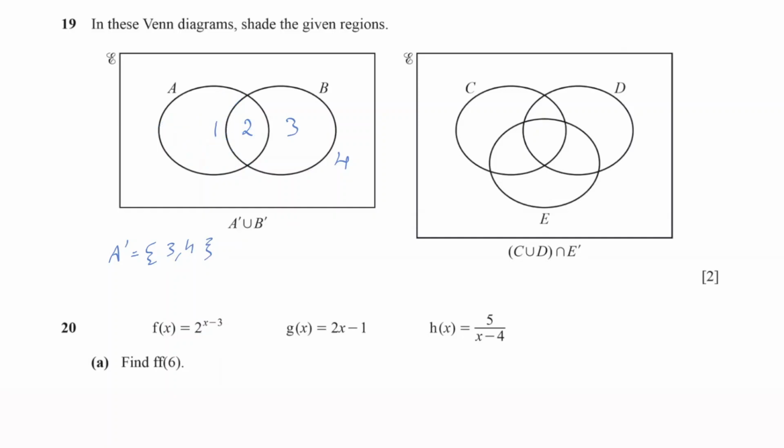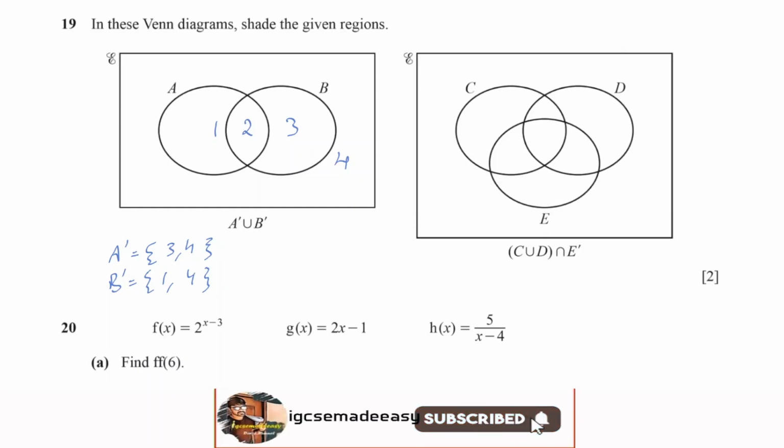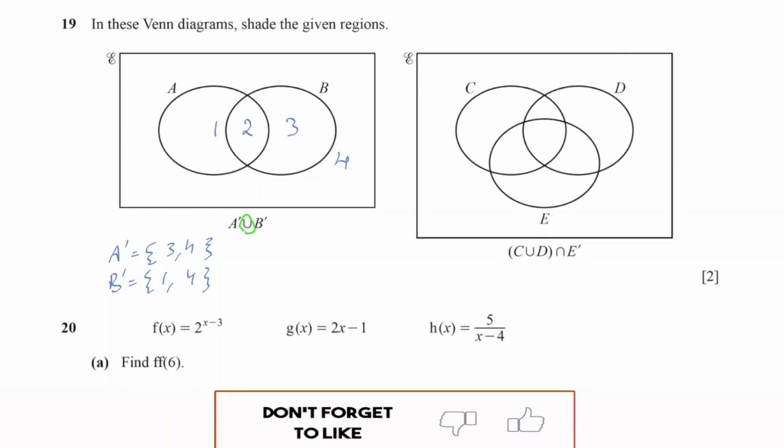Okay, then B dash. What is B dash? B dash means not B, every value except B. So this is B. Except B, what values are there? 1 and 4, correct? Now what we have to find is A dash union B dash, right?